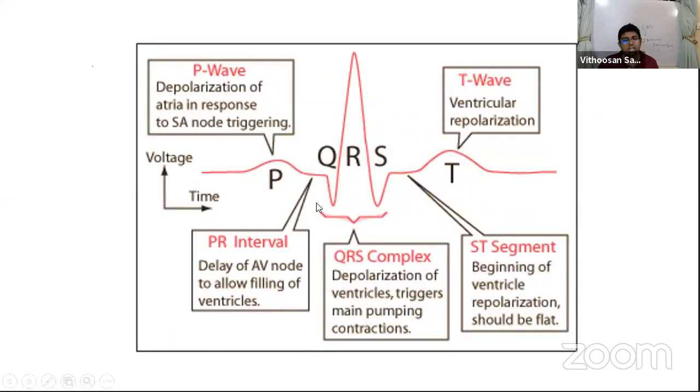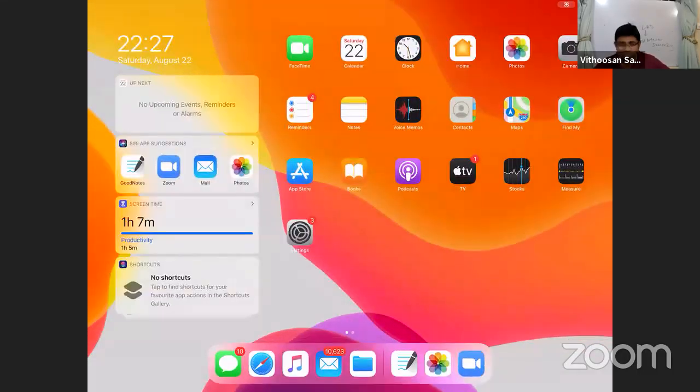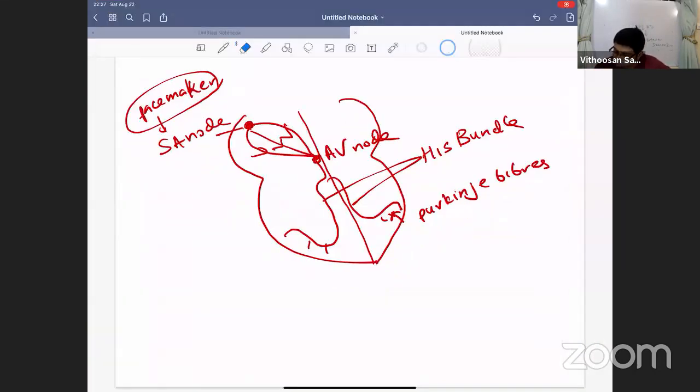If you look at the P wave, what does this P wave show? This is the depolarization of the atria. I told you, the current is going from the SA node to the AV node.